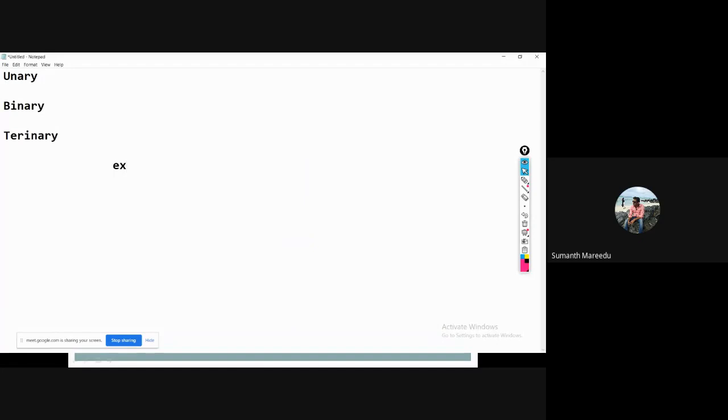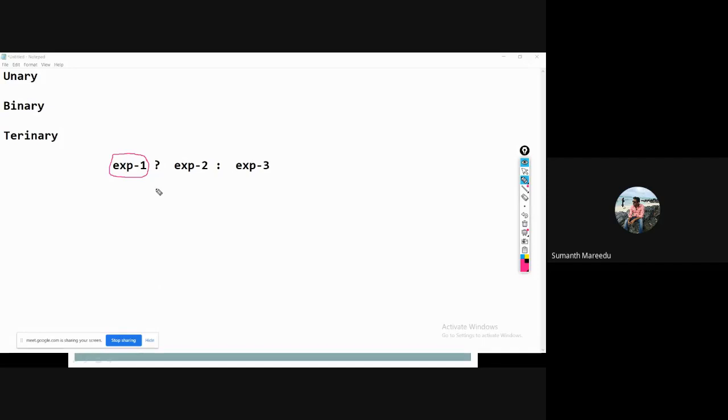It is like this: expression 1, question mark, expression 2, colon, expression 3. See how it evaluates, how this executes. Out of these three operands, first it evaluates this expression.